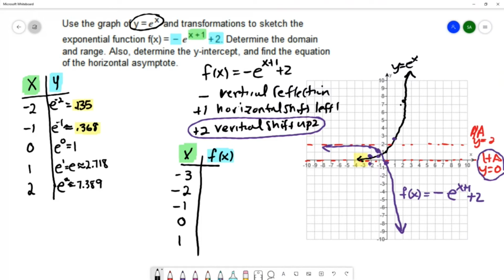So all of our y-coordinates get multiplied by a negative, and then the vertical shift will add 2 to it. So I started with this y-coordinate here, and I multiplied by a negative, and I added 2. And I'll do that for each y-coordinate.